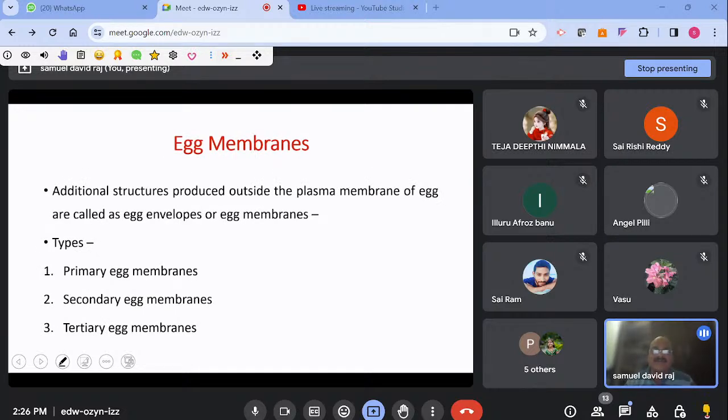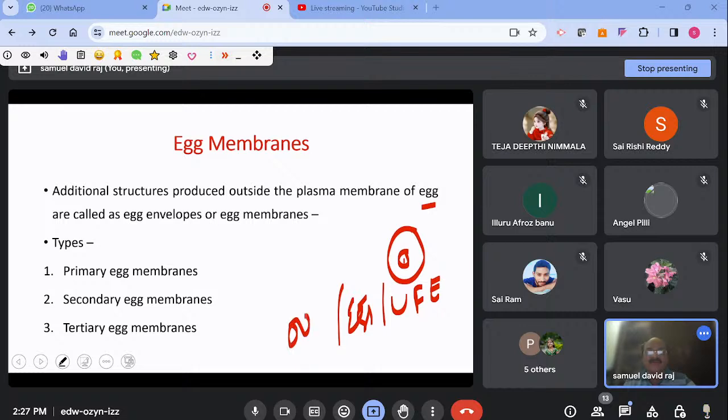Now let's see, after oogenesis, what happens is they develop an ovum or egg. We can call it an unfertilized egg or simply egg or simply ovum, whatever it may be. And this ovum is found to have additional membranes around it.